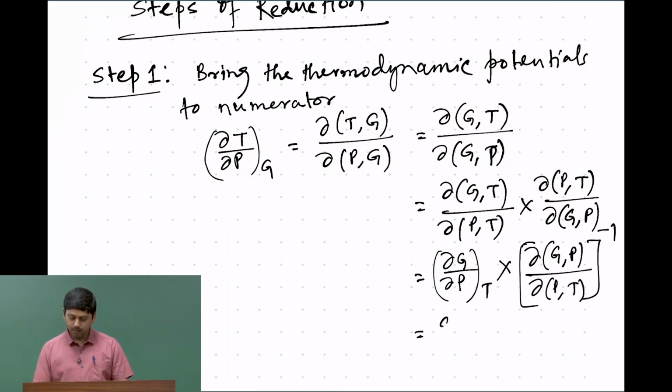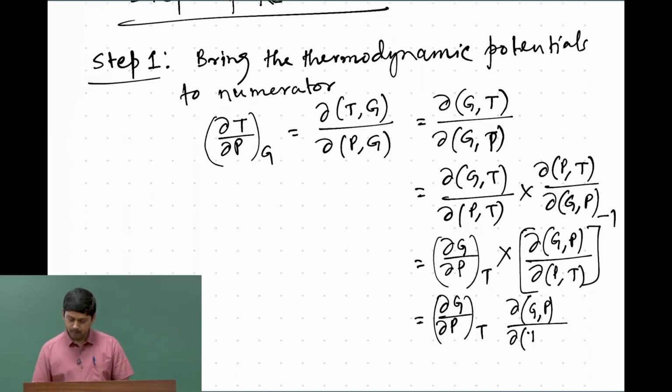You can write even more, you can write del G P by del, okay. So, you can write that as T P, but with a minus, and that is there is an inverse sign.